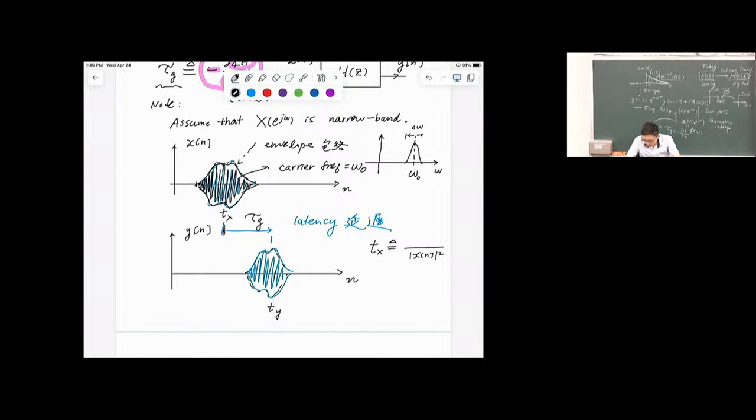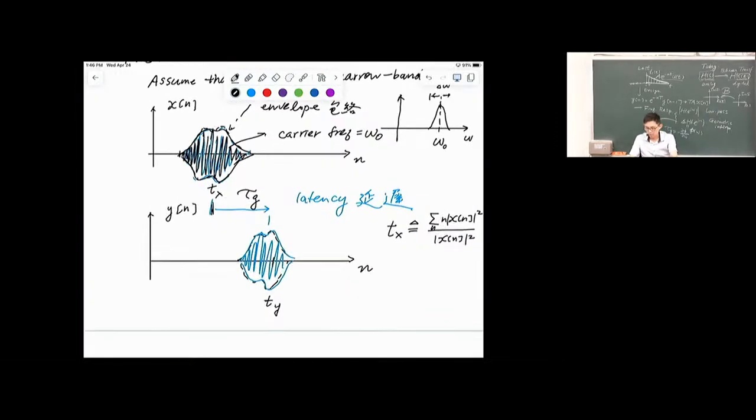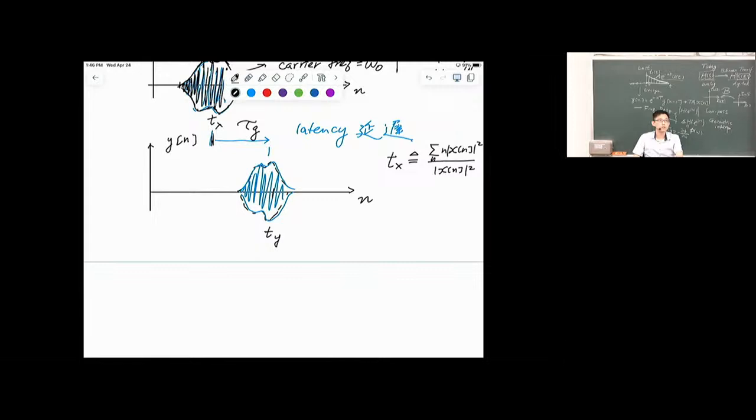On top, we need to sum n times xn squared. That's what we mean to calculate the centroid time, in terms of an expected value. Is that clear? Wait, I'm missing a summation over n right here. Sorry about that.